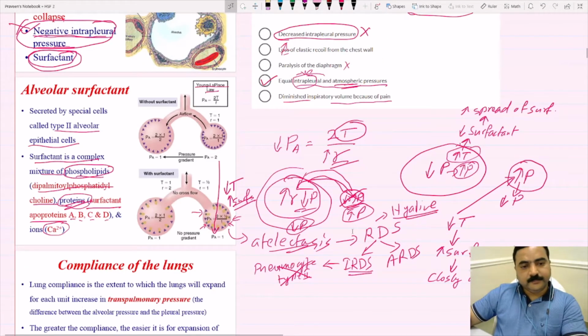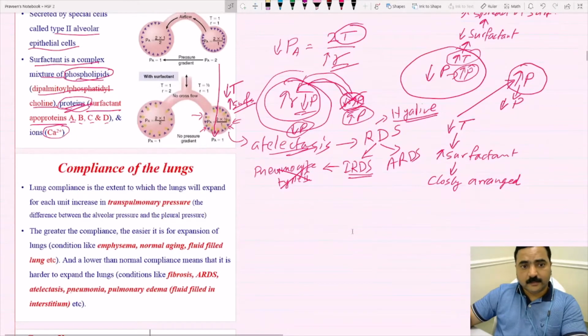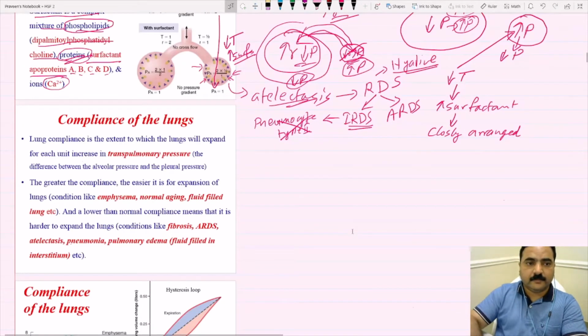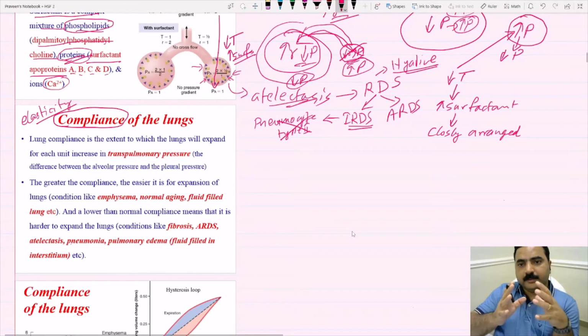Okay, now we start the discussion about the compliance of lungs. Compliance is the opposite of elasticity. The actual definition of elasticity is the ability of a substance to resist the change in its shape.